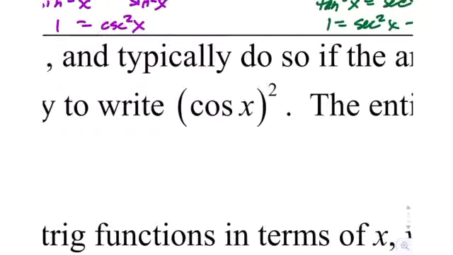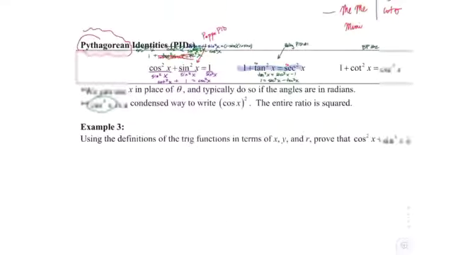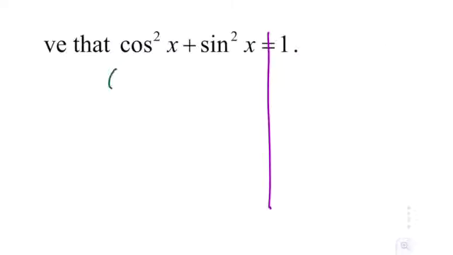We're squaring the ratio. Okay, so whenever you want to use something, it's like a zipped file versus an unzipped file, compressed versus uncompressed. If you want to read the file, you got to uncompress the file. This is the expanded version. So that's what I want to do. So I'm going to call cosine squared of x cosine of x quantity squared, and then sine squared of x sine of x quantity squared. And the reason would be property of notation or whatever.